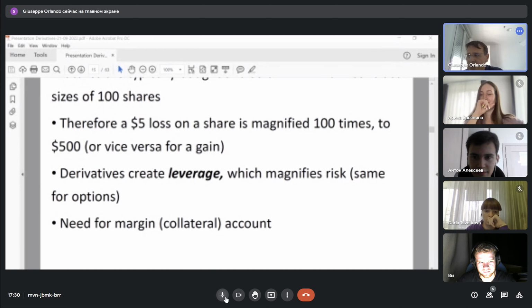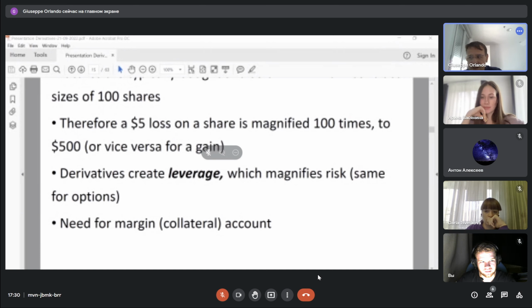Because in this way it is more practical, because you don't want to invest in just one security. Otherwise you would have to buy, I don't know, 1,000 derivatives if you want to invest in 1,000 securities. If you know that with one derivative you have 1,000 securities as the underlying, then you buy just one.